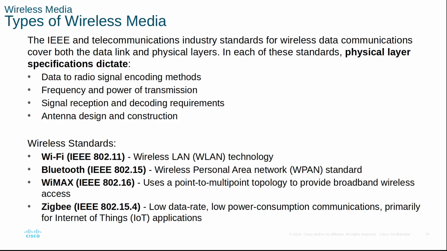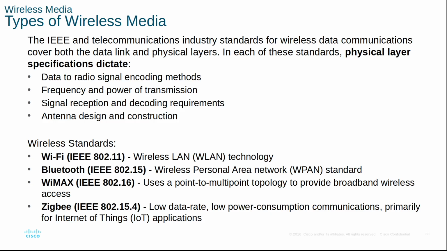In each of these standards, the physical layer specifications dictate your data to radio signal encoding methods, the frequency and power of the transmission, signal reception and decoding requirements, and the design and construction of your antennas. You're going to see this when you're picking up networking equipment and Wi-Fi, routers and NICs is what I meant to say.